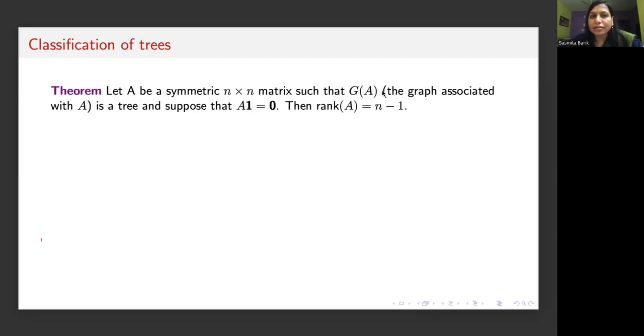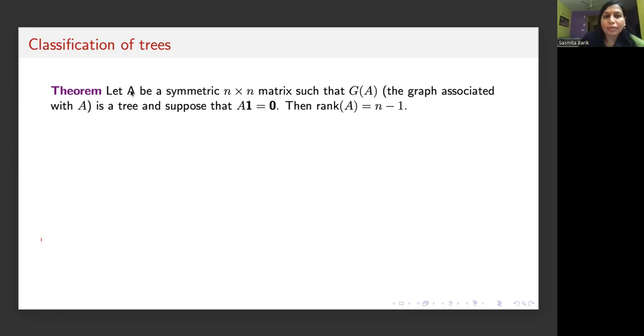So G_A is the associated graph with A. That means this has n vertices if A is n cross n. And two vertices i and j will be adjacent if the ijth entry a_ij is non-zero. That way the graph is defined. It's a very simple way: you look at the matrix and for the non-zero entries, the corresponding vertices will be adjacent.